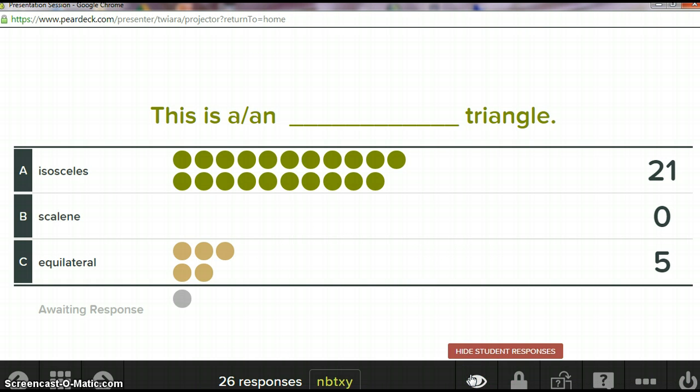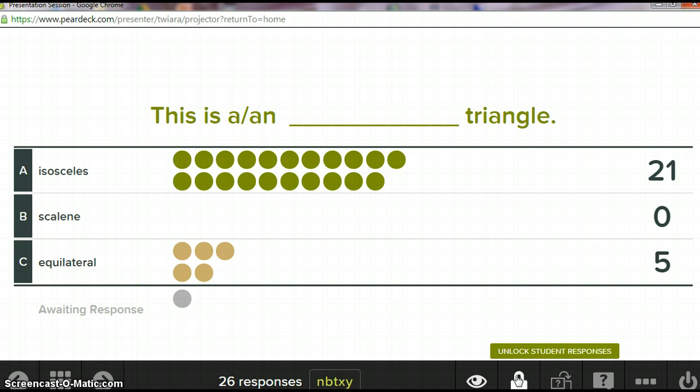Ooh. Okay. 21 said isosceles. 5 of you said equilateral. The correct answer here was equilateral. It was equilateral because all three sides were the same.